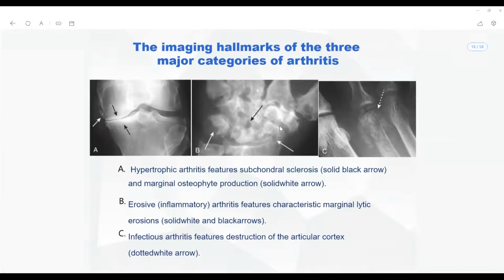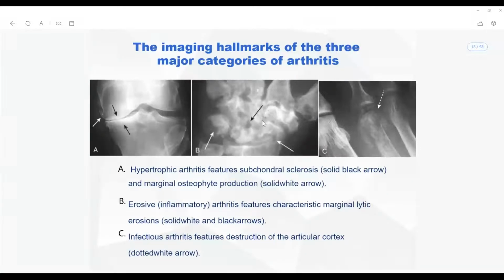Which also suggests there is a significant loss of joint space along the carpal bones, the intercarpal joints, actually, that there is a significant loss of the joint along the carpal surfaces. And also I can see lytic lesions present along the scaphoid bone as well. So this suggests that I am looking at an erosive arthritis condition.